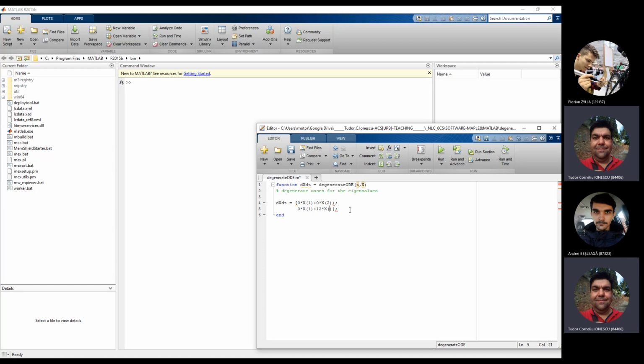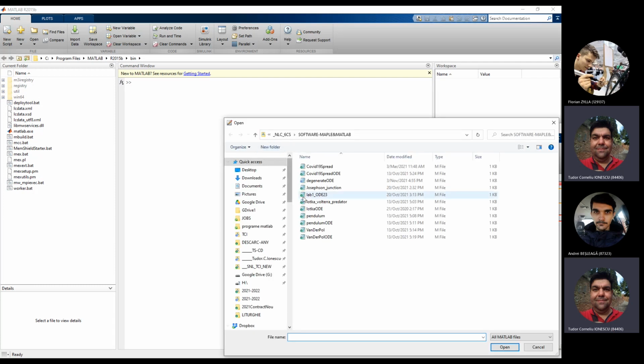So this is the degenerate equation. L2 here is, say, let's put a number 2 to it. And now let's open the simulation file and change it.